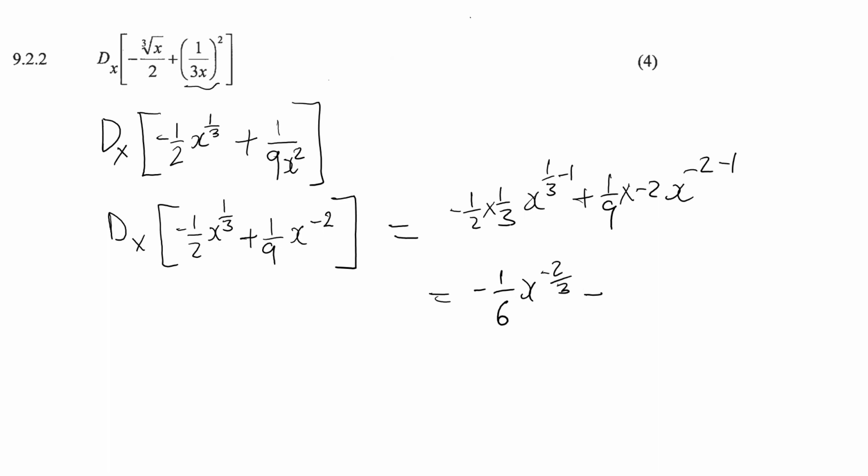Then 1 over 9 times minus 2 is going to give us minus 2 over 9, right? So let me just confirm, yes, it's going to be minus 2 over 9. x exponent minus 2 minus 1 is going to be what? Minus 3.